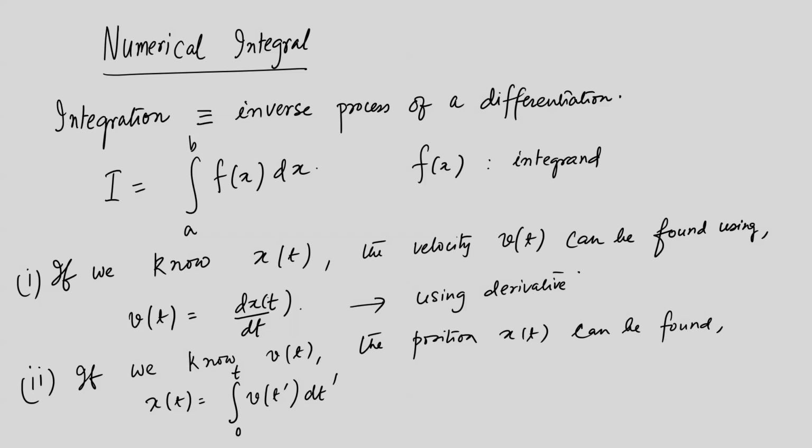If you compare with the first line that we have written, this a, the lower limit, is taken to be the time t equal to 0, the starting time, and b is taken as the final time, t, and this integral has to be done over the time variable t prime between 0 and t.